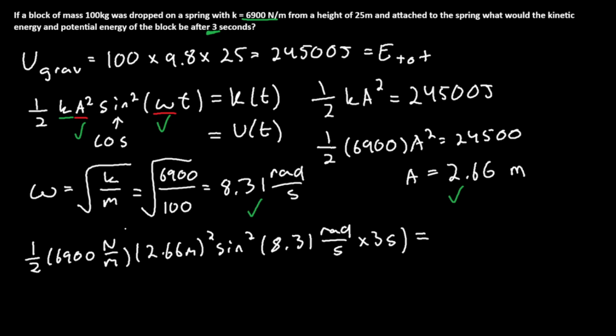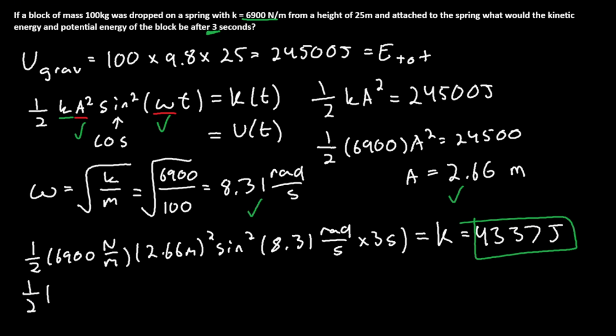Now, remember, sine is the value for your kinetic energy. So the formula for your kinetic energy uses sine. So your kinetic energy, once you evaluate all this, should be 4,337 joules, approximately. And now all you need to do is find the potential energy.